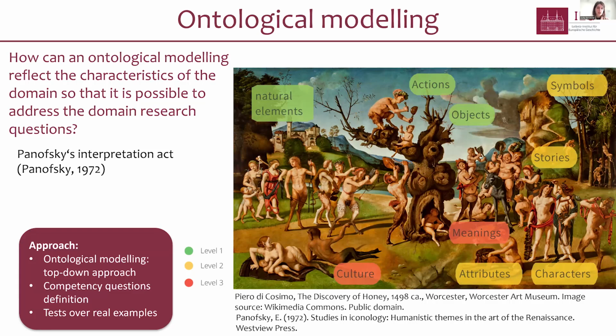And I finally focused on Panofsky's interpretation act, because he's one of the first trying to describe it extensively and in a quite consistent way in his explanation. But of course, I also took into account the hints provided by other art historians.